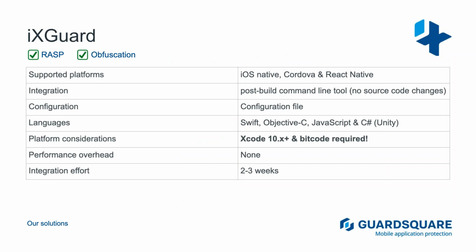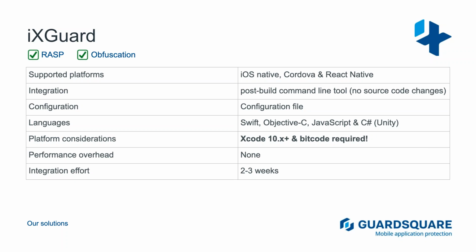For iOS, we have a tool called IXGuard in place. The philosophy of IXGuard is very similar to DexGuard, so both tools protect against the same threats, but of course, since the operating systems iOS and Android are entirely different, other techniques need to be applied. So IXGuard can apply obfuscation to prevent static analysis. It can obfuscate the control flow and arithmetic operations as well.